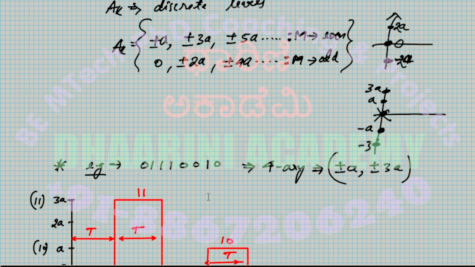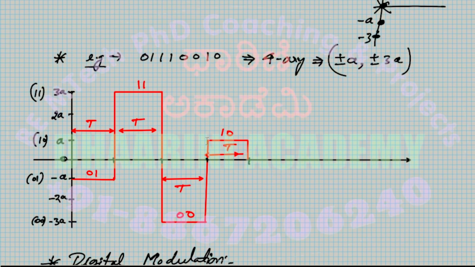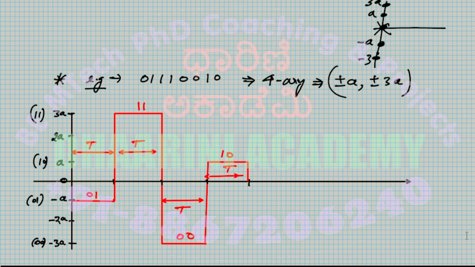It will not be that case if they are asking for 8-array. Properly 3, 3, 3, 3, however many groups you want, the proper number of bits will be provided. So like that you draw this. Every level will correspond to 3 bits at a time. So that is what an M-array PAM system is.